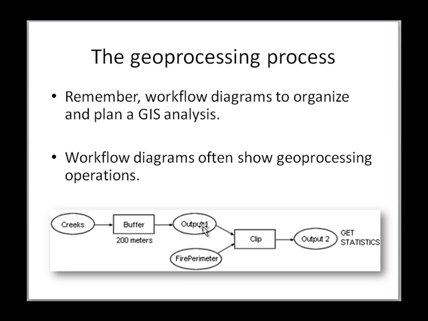They get some output data here that's just a buffer of the 200 meters close to the streams. That's intermediate data they use to clip the fire perimeter for the output data set of just the fire perimeter within 200 meters of the streams. So that's the geoprocessing process and a workflow right there.